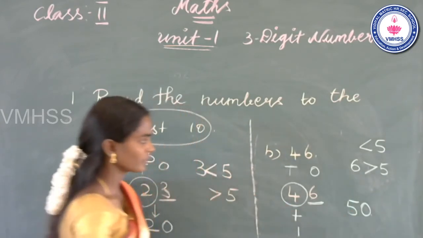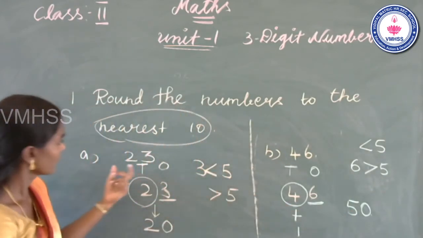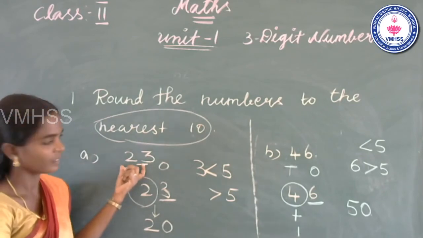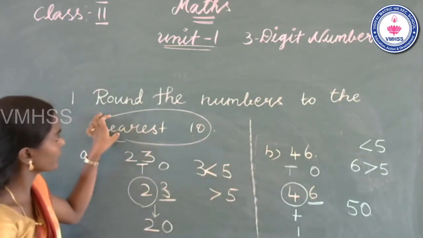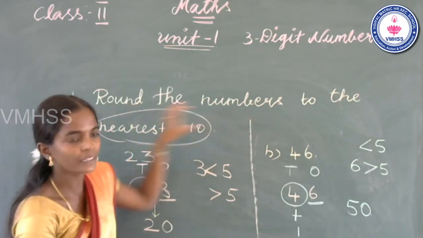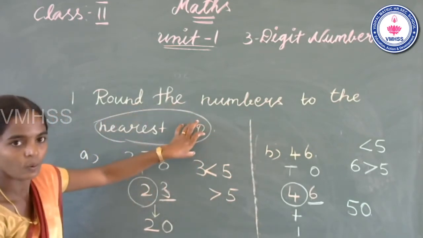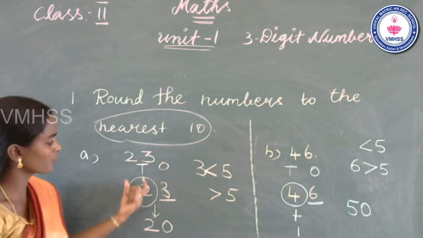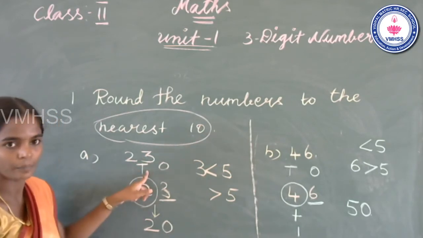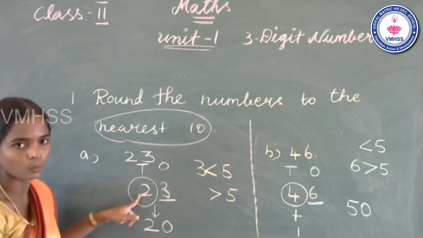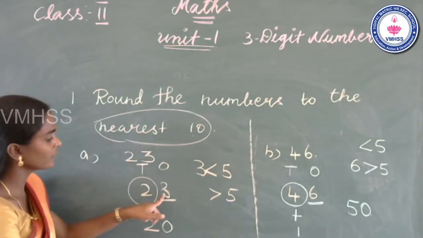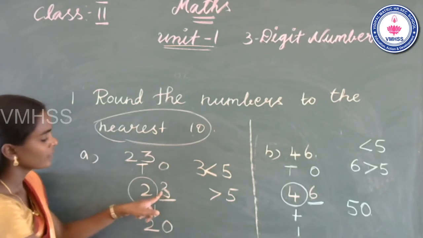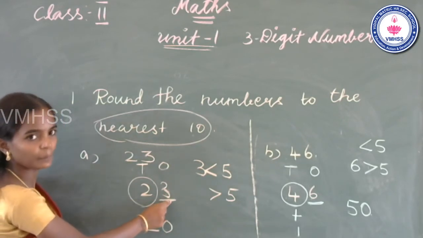Children, listen. First number 23, second number 46. This question, round the numbers to the nearest 10. First find the tens place number. Tens place number 2, so circle it. Next we look at the ones place number, which is very important.